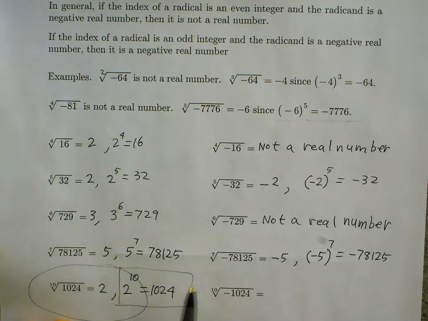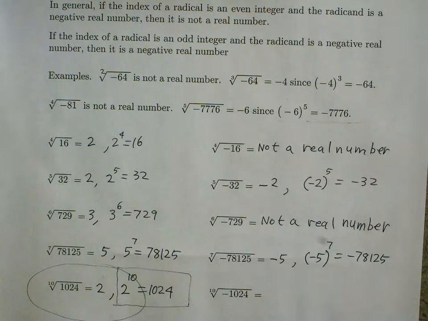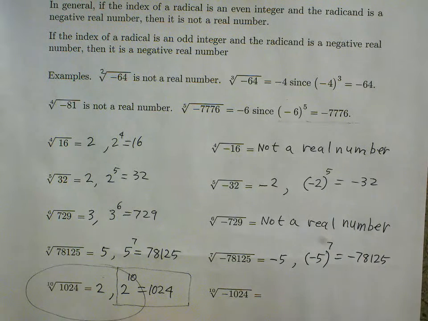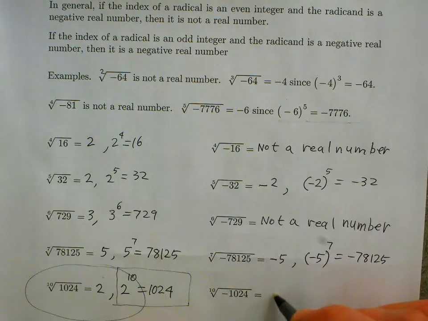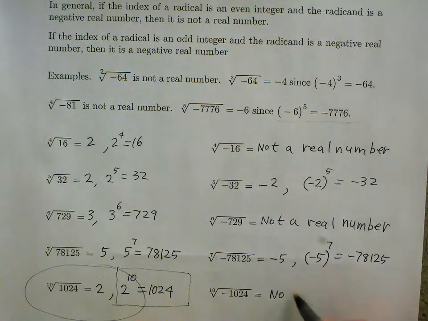Knowing that 2 to the 10th equals 1,024 is considered one of the handy exponential equations to remember. And it corresponds to this radical with index 10. The 10th root of negative 1,024 is not a real number. The index is even, and the radicand is negative, so it's not a real number.